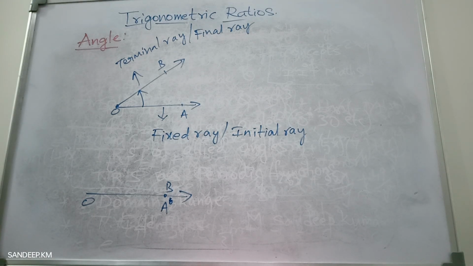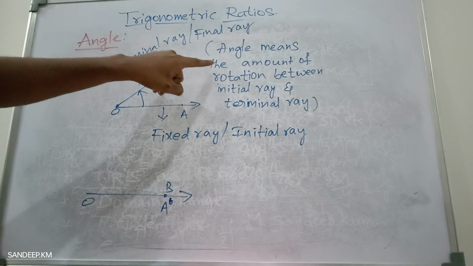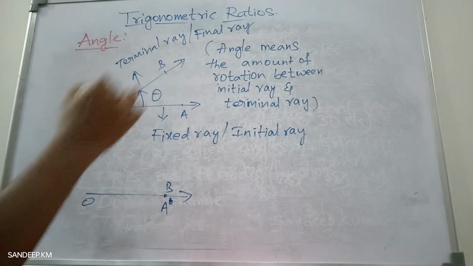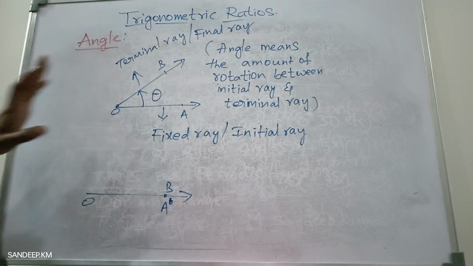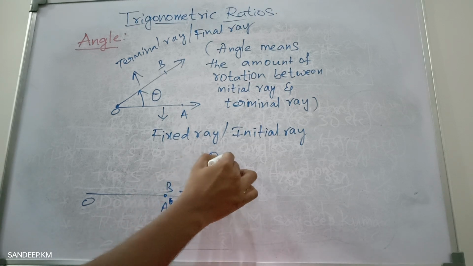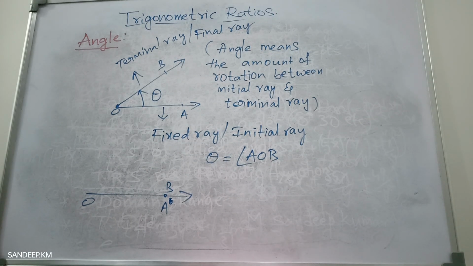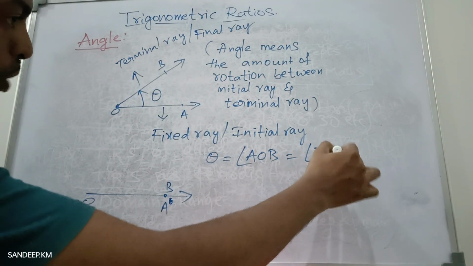So an angle can be defined as the amount of rotation between the initial ray and terminal ray. Let this angle be theta. This particular angle is named angle theta, which is nothing but angle AOB. You can call it angle AOB, or you can also call it angle BOA.